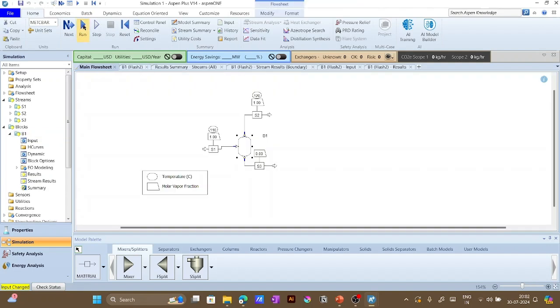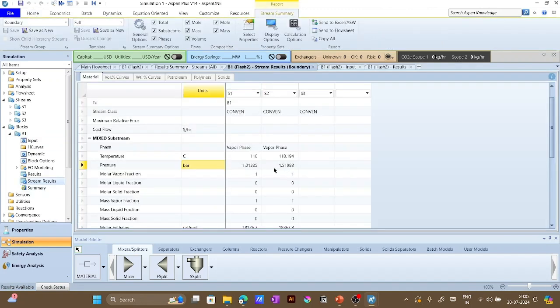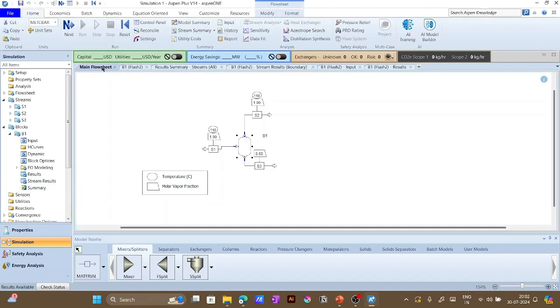Then when I run it, it will compute the temperature where I will get complete vapor fraction. So see, temperature is 118 degrees centigrade. So 118 degrees centigrade is the dew point for the mixture of benzene, toluene and xylene at this specific composition.